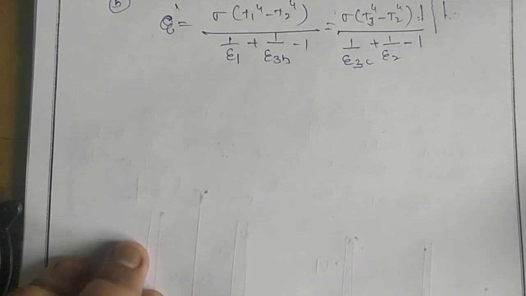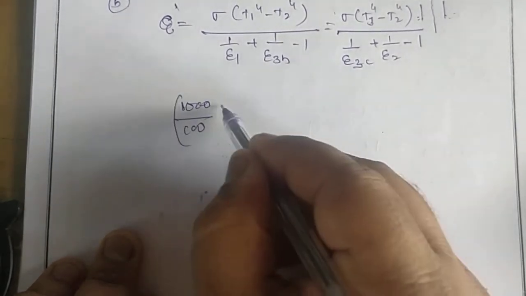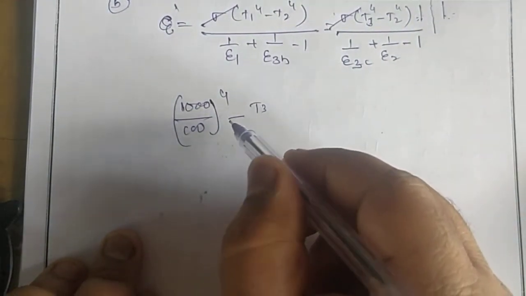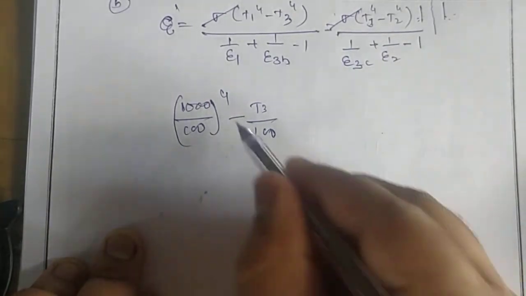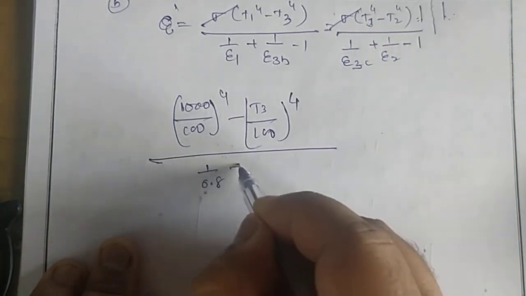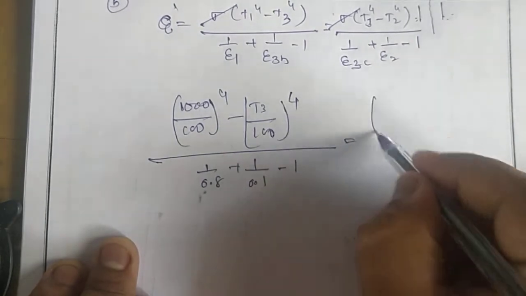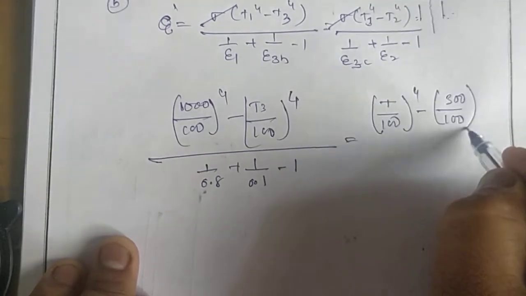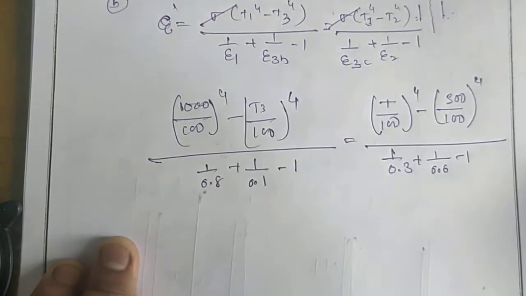Substituting the given values in the equation: (1000 by 100) whole to the power of 4, because sigma cancels, minus (T3 by 100) whole to the power of 4, divided by 1 upon 0.8 plus 1 upon 0.1 minus 1, is equal to (T3 by 100) whole to the power of 4 minus (300 by 100) to the power of 4, divided by 1 upon 0.3 plus 1 upon 0.6 minus 1.